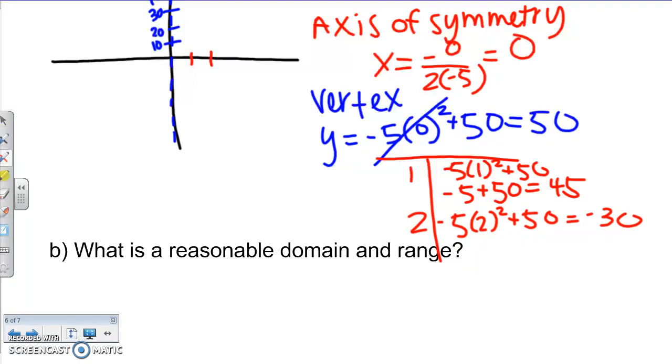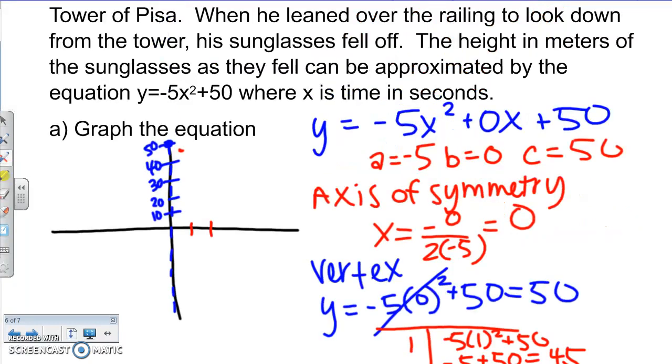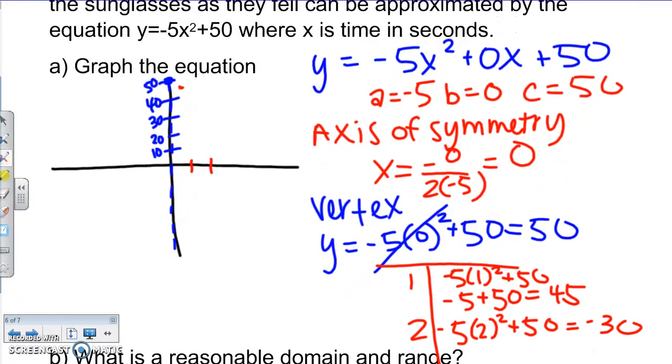So I'm going to just kind of draw it in that direction, and then I'm going to stop at my x-axis. So I'm going to have something that looks like this. But then, since I can't go underground, I'm going to end it here.